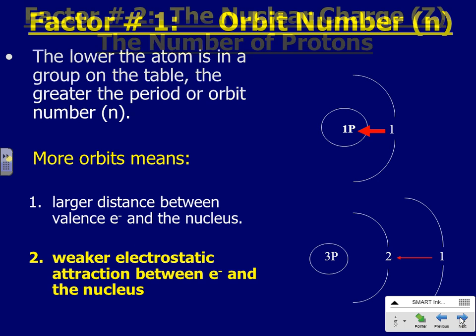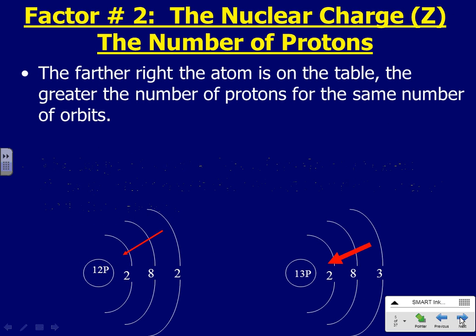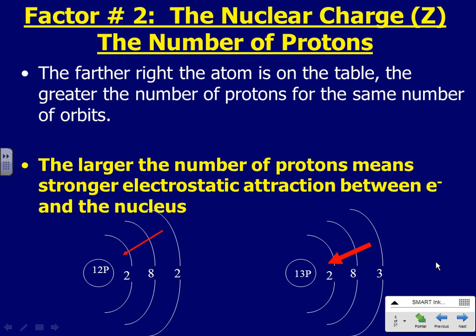The second factor. The second factor deals with left and right on the table, which means they have the same number of orbits. So the orbit effect is out.